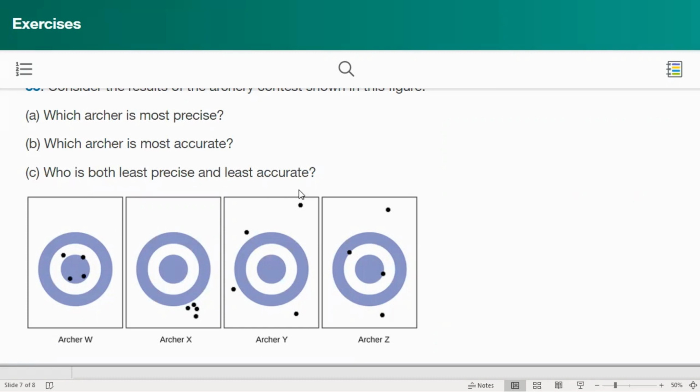Which is both the least precise and least accurate? Both these are not precise, and it's hard to tell which is the least accurate. I'm just going to defer to the key, and it's saying archer Y is the least precise and least accurate.